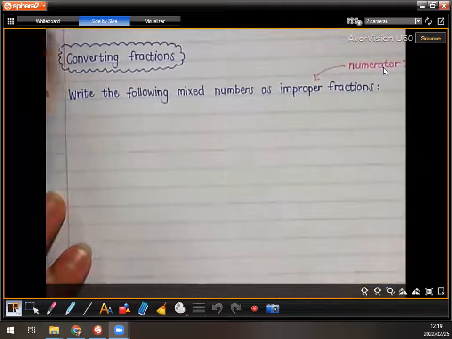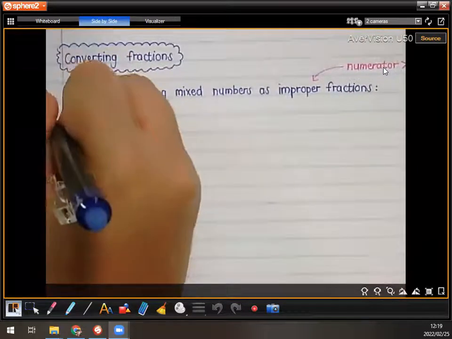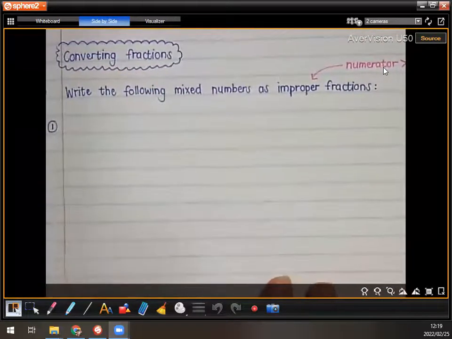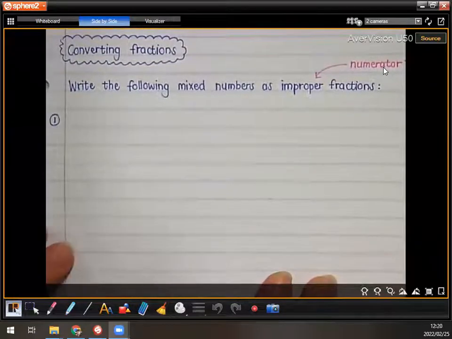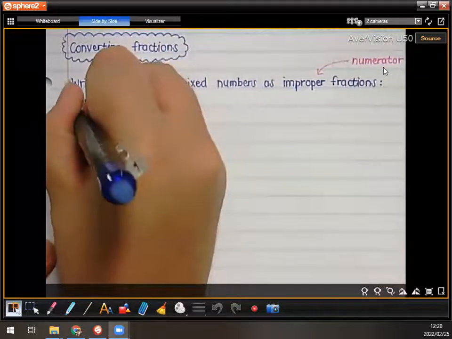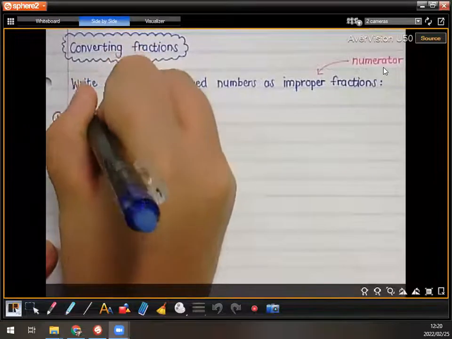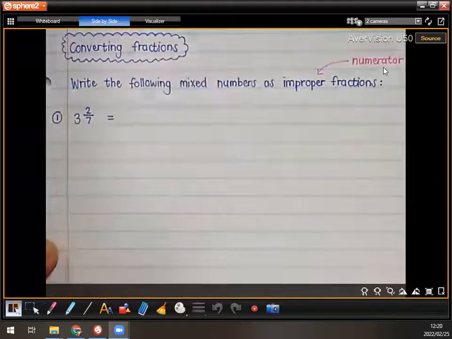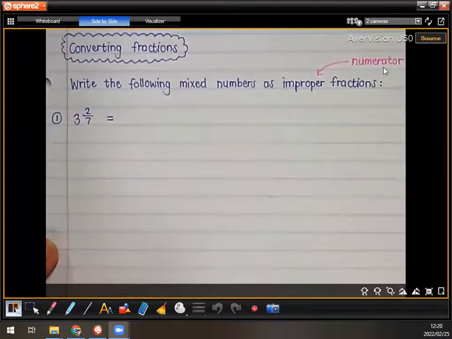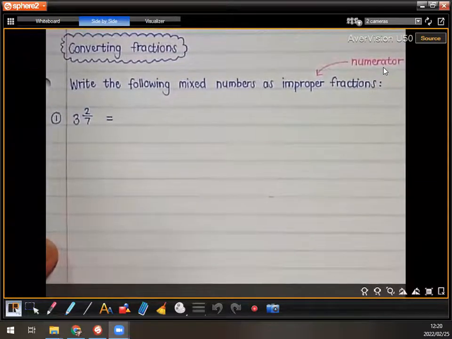Okay, guys. Let's do some examples. Number 1. I'm sure you know how to do this. We're just going to practice a couple and then I'll give you a worksheet to work on. 3 and 2 over 7. Maybe when I do it, it will answer your question.